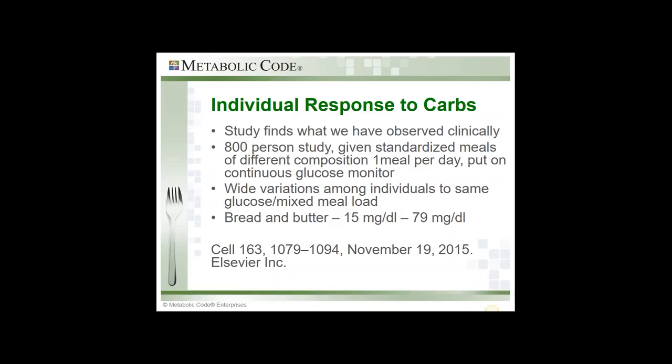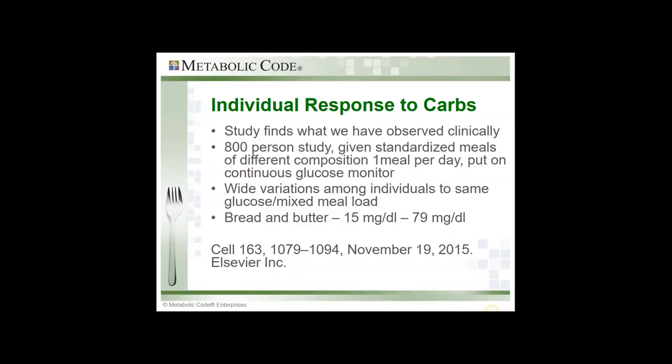And these people were put on a continuous glucose monitor. So they collected the data to see how their blood sugar spiked after meals, and they also looked to see whether blood sugar spikes seemed to correlate with other things like exercise and sleep. They even looked at gut flora.